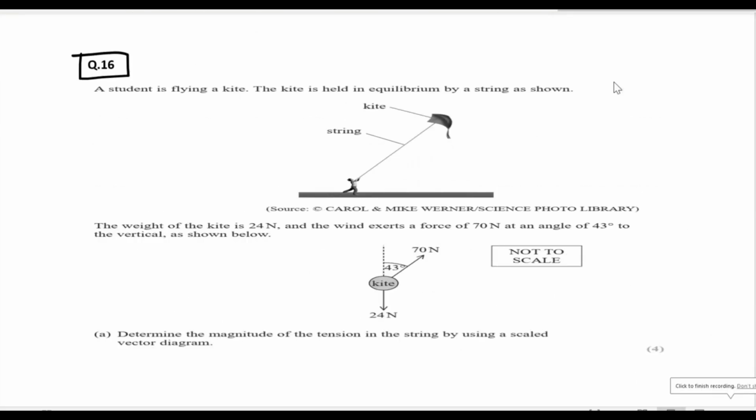A student is flying a kite. The kite is held in equilibrium by a string. The weight of the kite is 24 Newton and the wind exerts a force of 70 Newton at an angle 43 degrees to the vertical as shown below.